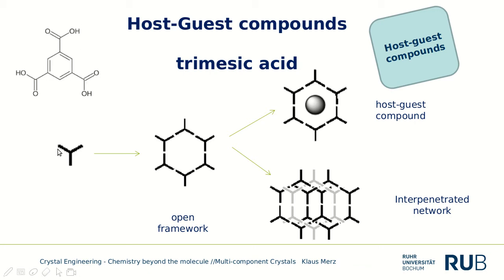This is here in the figure. What we can see is we have a framework here, we have a host, and we have the possibility to use it to incorporate a gas, or we can use this to build up a big network. It's also possible.